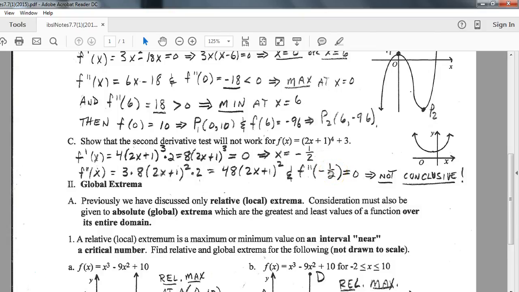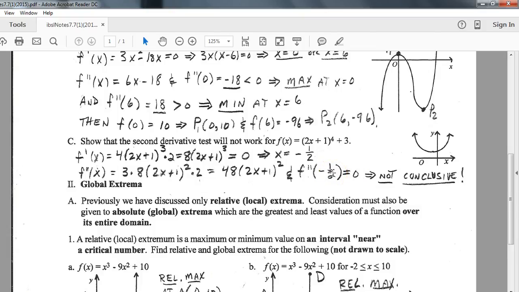If I tested a number to the left of -1/2, like say -1, because of this term, I'm going to come out with a positive answer. And if I test a number to the right, say 0, and plug that in here, I'm also going to get a positive answer. There's no change in sign. So because there's no change in sign, I can't for sure say what this point is. I don't know how to classify it yet.